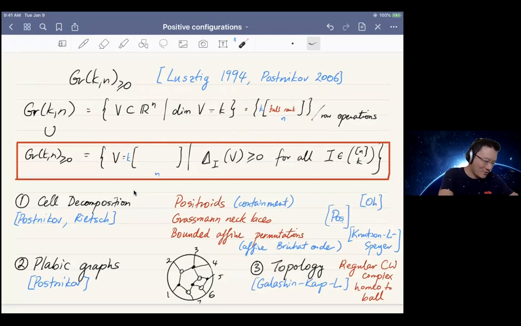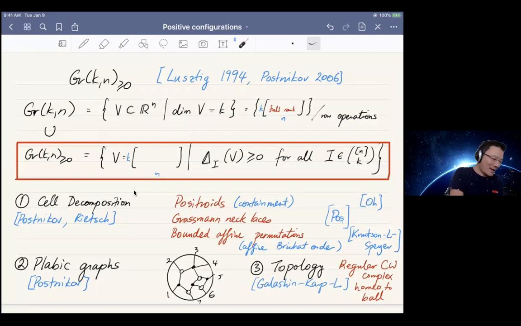But of course, this description has the bad feature that there are many bases of a vector space, so there are many different k by n matrices. So you have to mod out by row operations. The totally non-negative part is the subspace consisting of k by n matrices where all the k by k minors are non-negative.